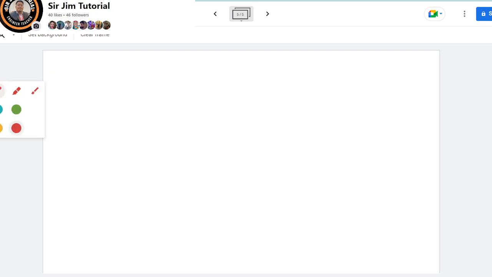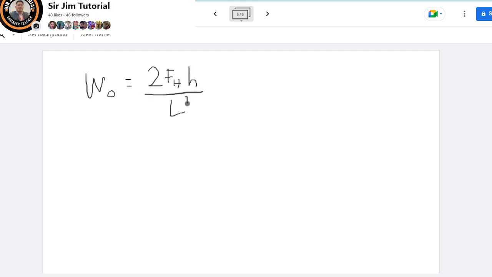Now we have the formula of WO: WO is equal to 2 FH times H all over L squared. Take note that in our given drawing, I'll just copy it again and put it here on the side so that we can have our reference.